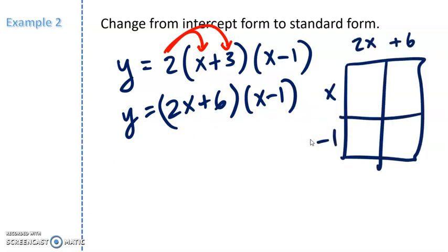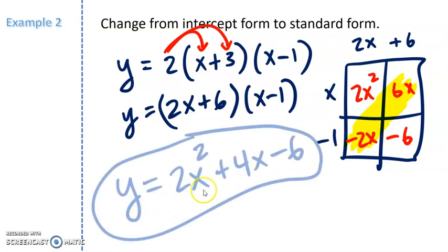We're going to multiply that using our area model. 2x times x is 2x squared. We have 6 times x here, 6x. We have -1 times 2x here, -2x, and -1 times 6 is -6. We can combine those like terms right here. That's going to give us 4x. So our final equation in standard form is y equals 2x squared plus 4x minus 6.